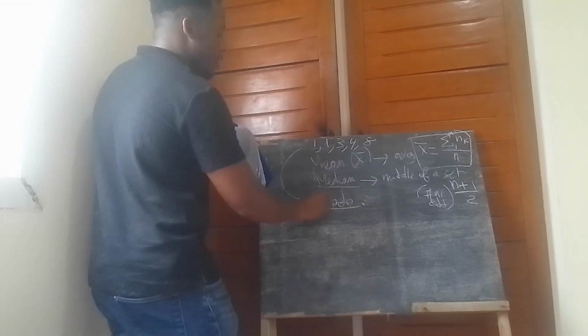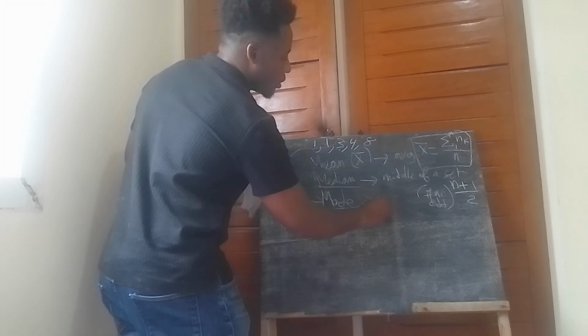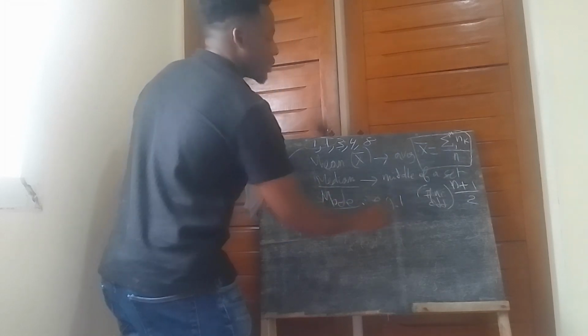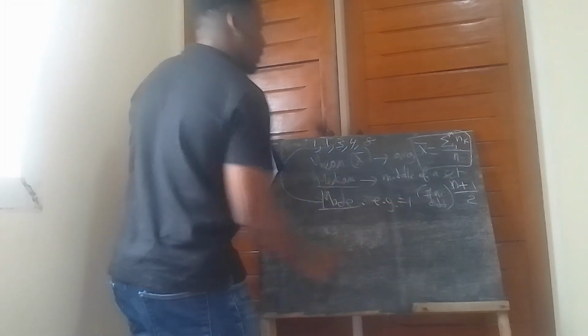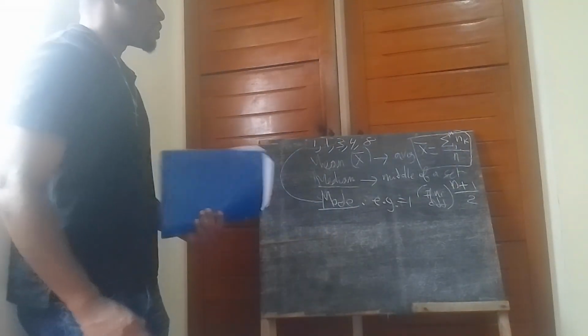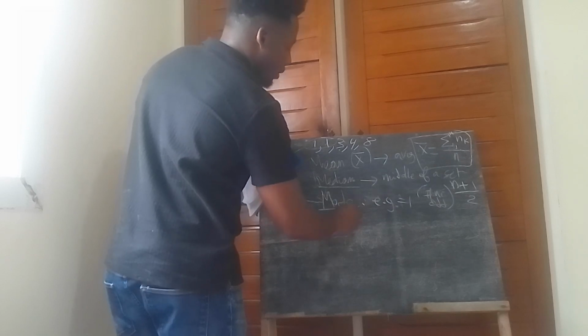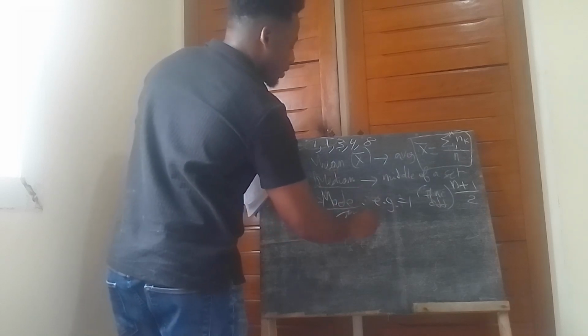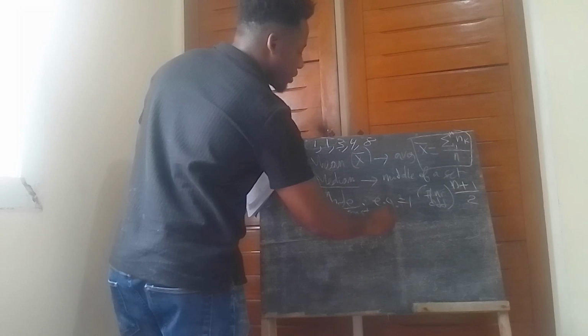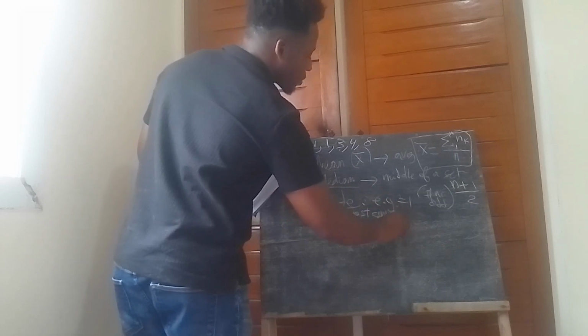So the mode in this example is equal to 1. That's the mode of a set, the most common value, because it might not be numbers.